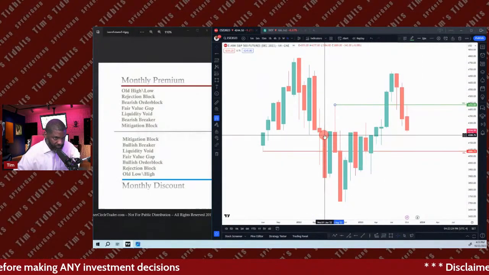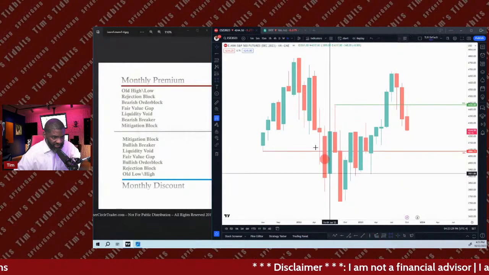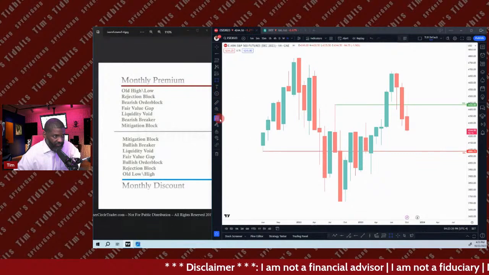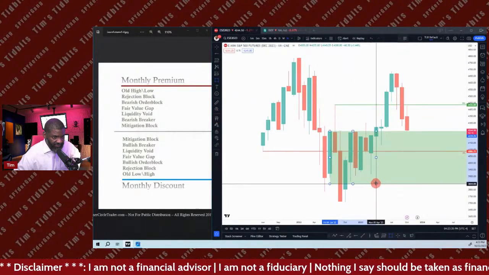So in here, let's just start with the consolidation first. We took out this sell side liquidity, and then after taking out the sell side, we started consolidating.